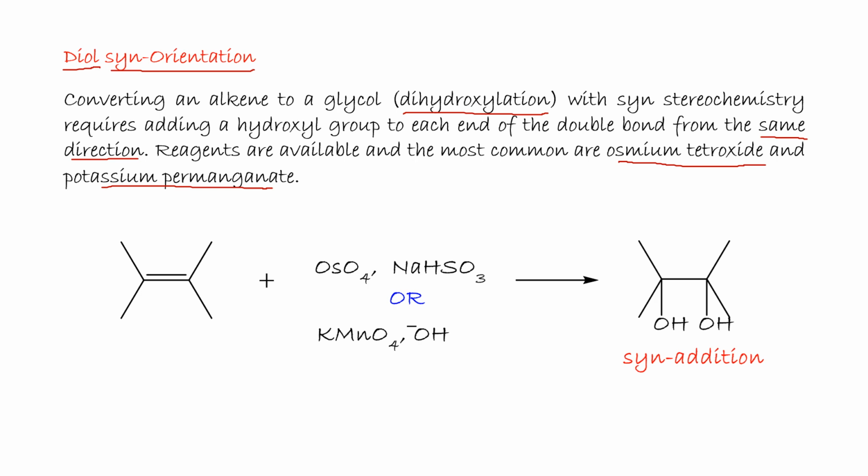So, taking an alkene, treating it with osmium tetroxide and sodium hydrogen sulfite, or dilute potassium permanganate in the presence of base, cool. That leads to the formation of syn addition of two OH.